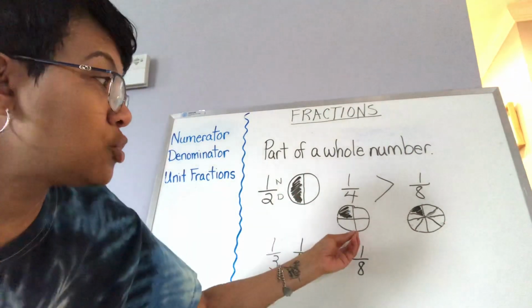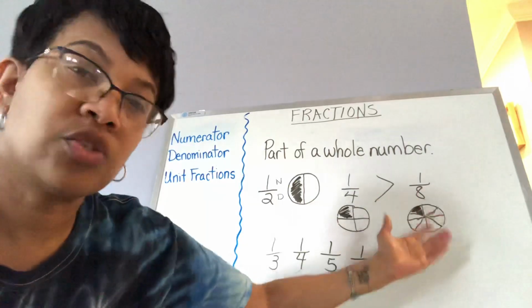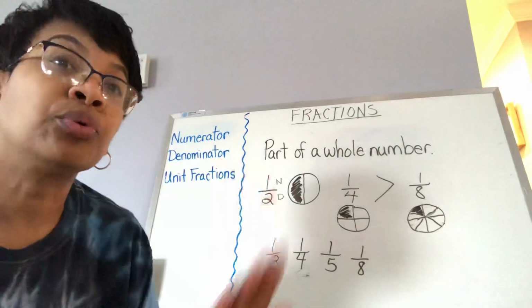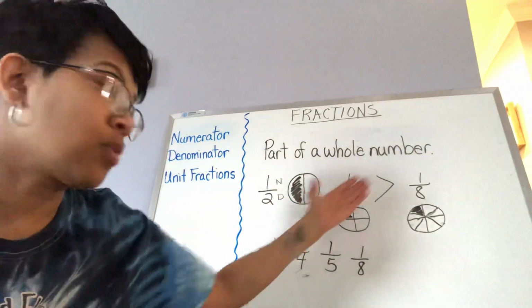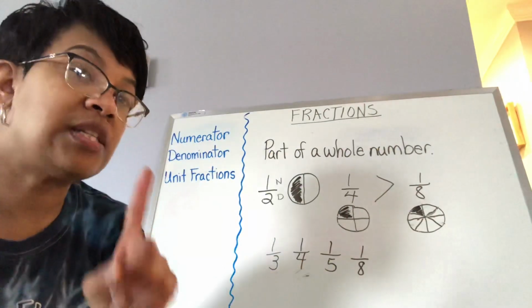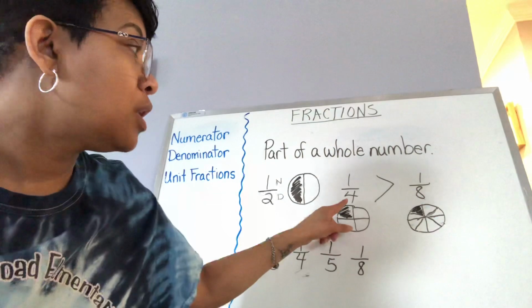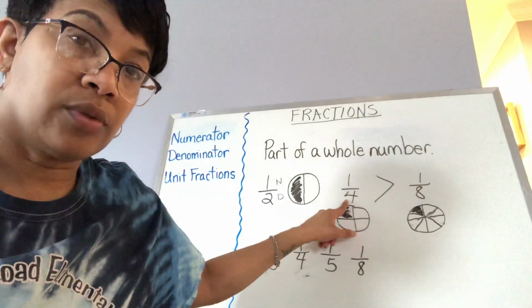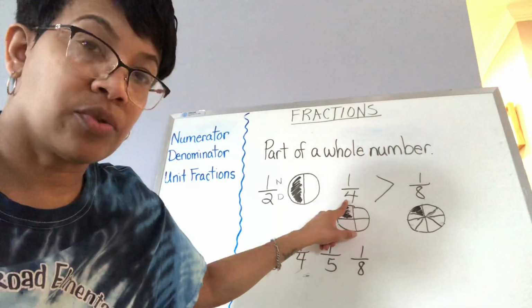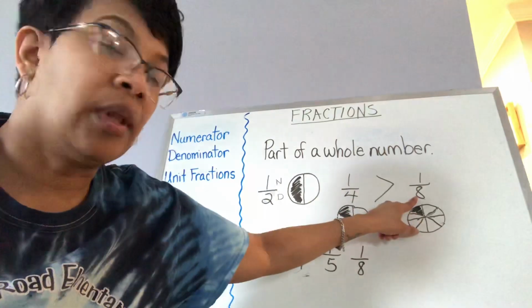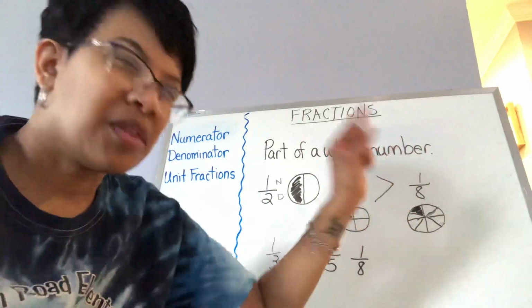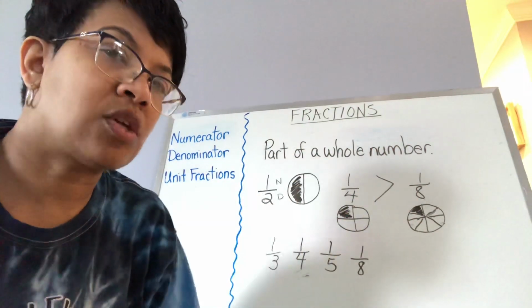But you can also use fraction strips, fraction circles like we did here to prove that you know that a 4th is larger than an 8th. But we did write down the meaning of what that is all about. Again, we know the smaller the denominator, the larger the fraction. The larger the denominator, the smaller the fraction. So we did talk about that.